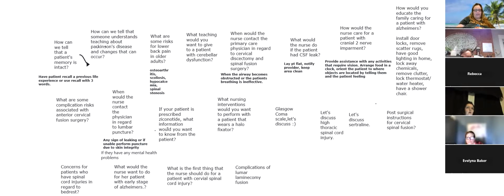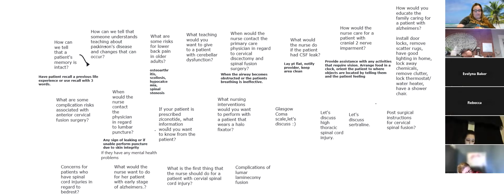Depression. Are there any secondary uses? Alzheimer's. Well, does it improve? Does the Alzheimer's improve? No, but their behaviors do. Very good.